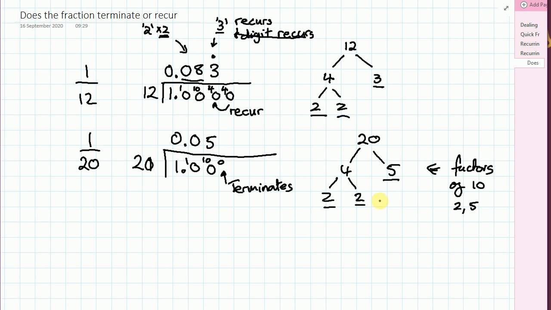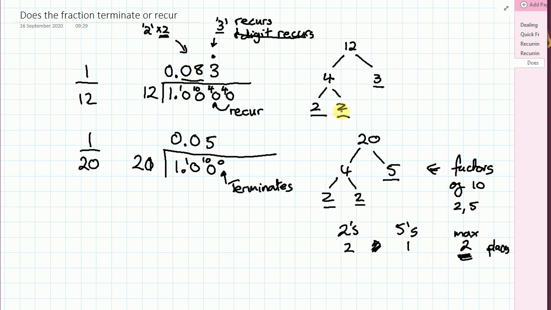If I've got two 2s and one 5, the number of 2s is greater, so we look at the max, and that says this number will terminate after 2 places.